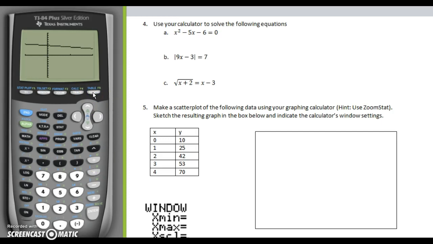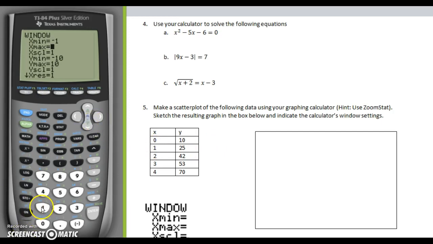Now notice here I can't see where it crosses, which means I have to change my window. It looks like it's starting to come down on the right side, so I need to see farther to the right. So let's change our window to go farther to the right, which means our x max has to be a larger number.